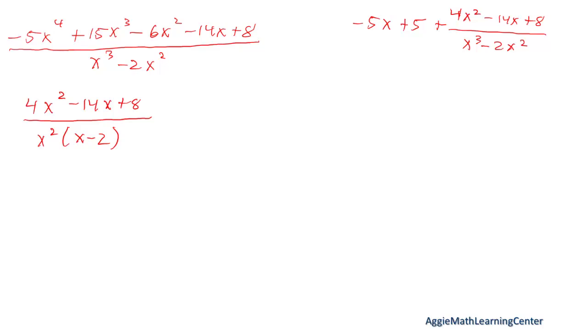Remember, with partial fraction decomposition, you'll want to factor the denominator so that you know what to decompose it into. Would you want to go one step further and make it x times x minus 2, or is x squared good enough? X squared is good enough, and I'll show you why in the next step.